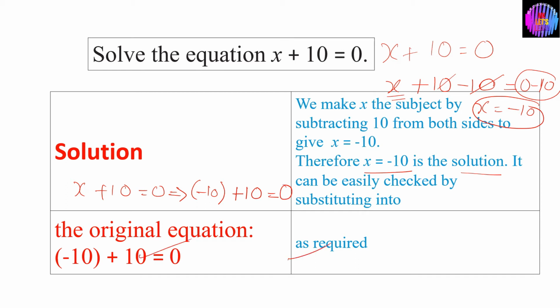As required, the original equation is verified. The solution x is equal to minus 10 is the correct answer. Note from the last worked example that the solution should be checked by substitution to ensure it satisfies the given equation. If it does not, then a mistake has been made.